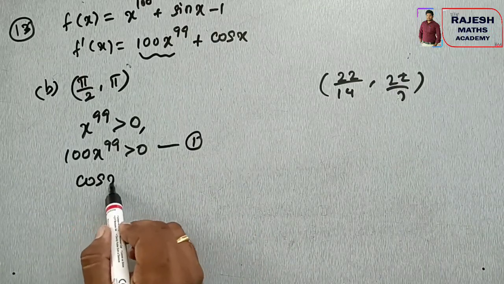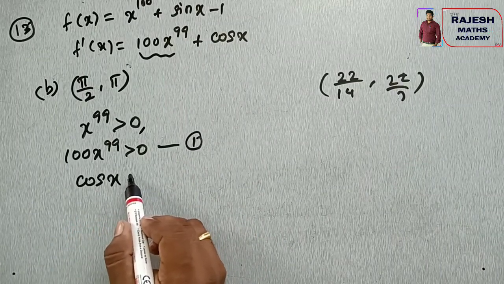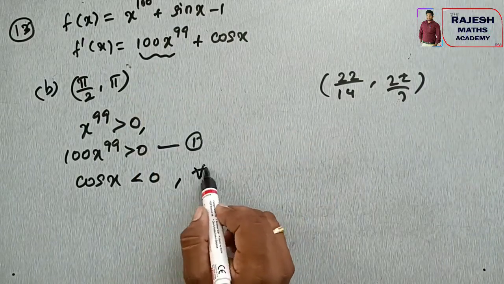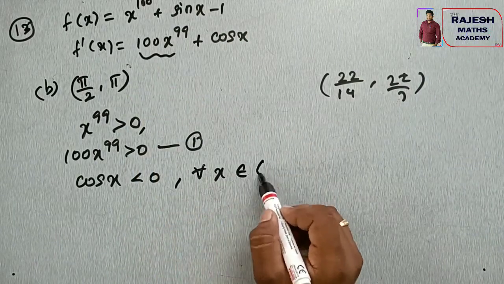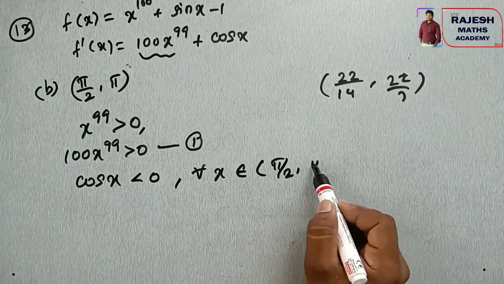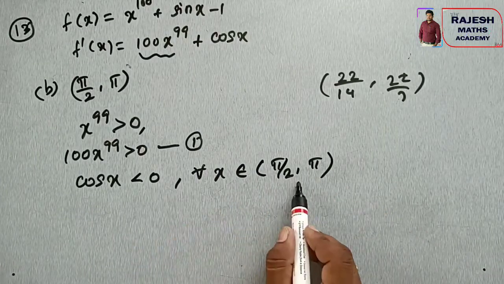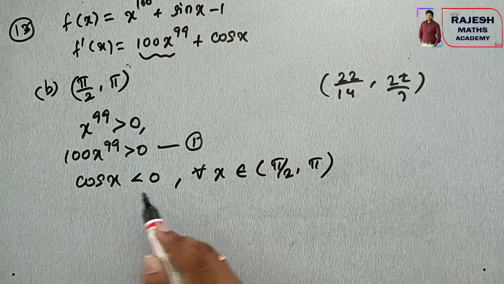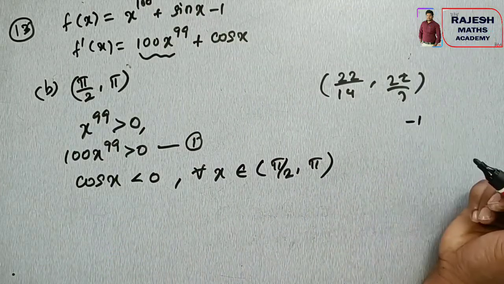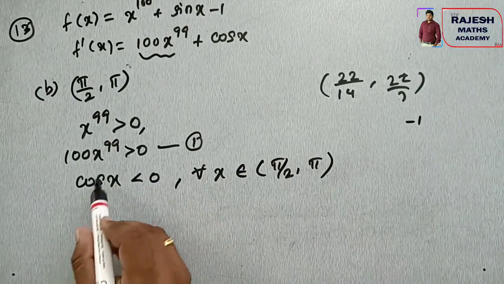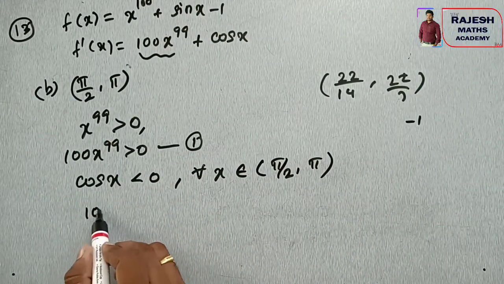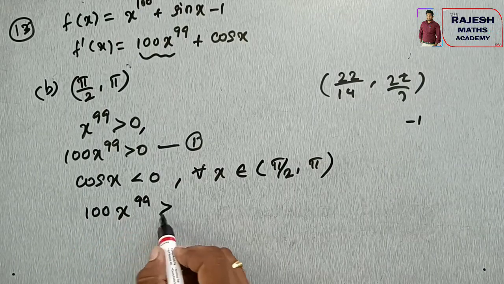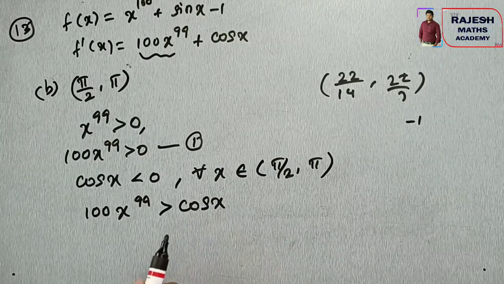Clearly we know that cos x is less than 0 for all x belonging to the open interval pi by 2 to pi, because cos x is negative in the second quadrant. The minimum value of cos x is minus 1, but 100 into x power 99 is clearly greater than cos x.